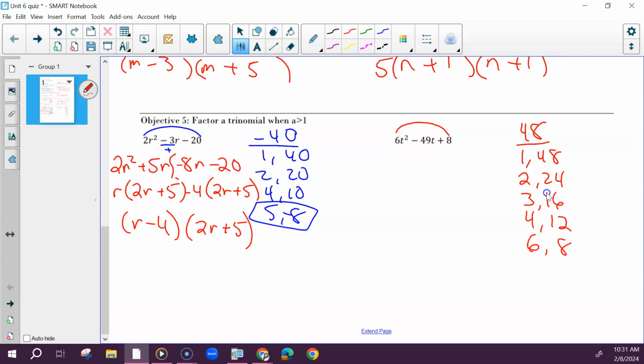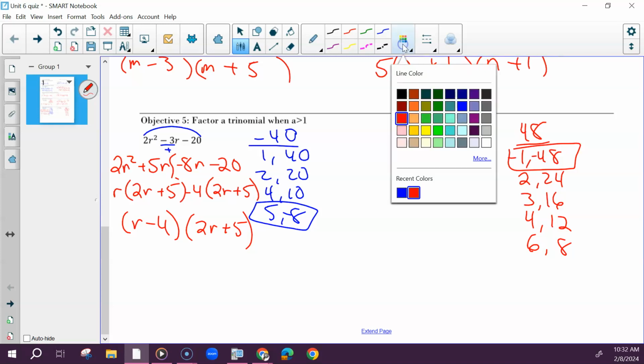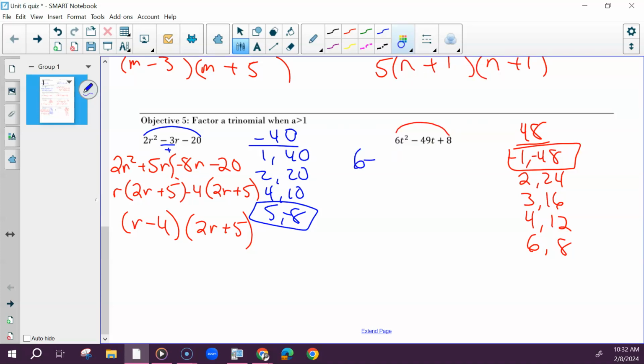While all of these were the factors, many of you figured out that we needed 1 and 48 at the beginning. And they would both be negative. So when we rewrite this, we have 6t squared minus t minus 48t plus e. So make sure you have your variables. Split it down the middle and then keep going.